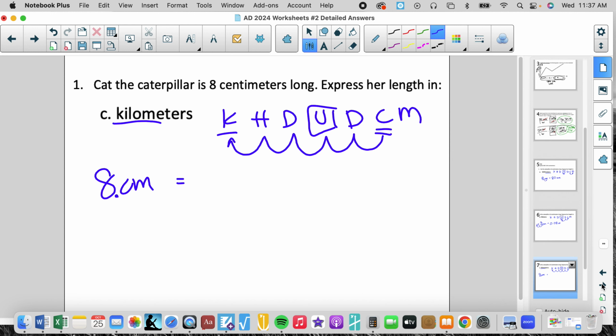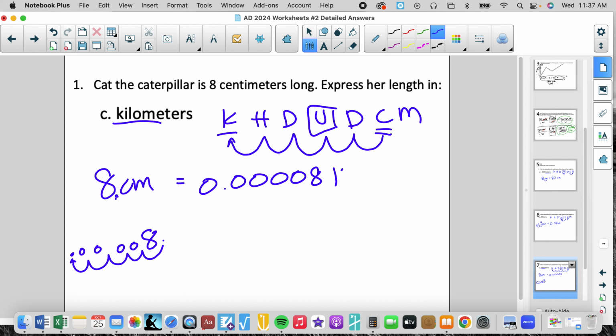Yes, I did. Meters, good. We're going to run out of space, so let's write that. 1, 2, 3, 4, 5. Fill in those gaps. So we get 0.00008 kilometers.